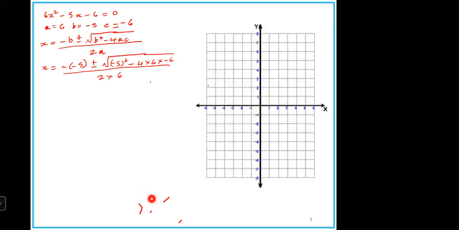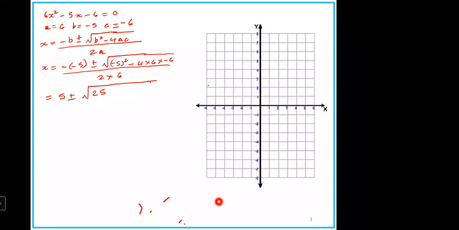Okay, so it's going to be equal to negative of -5, which would be just 5, plus or minus square root of -5 squared, which would be 25, and then 4 times 6 times 6.